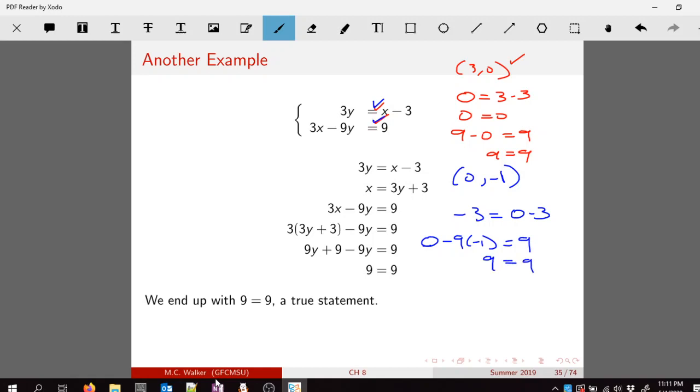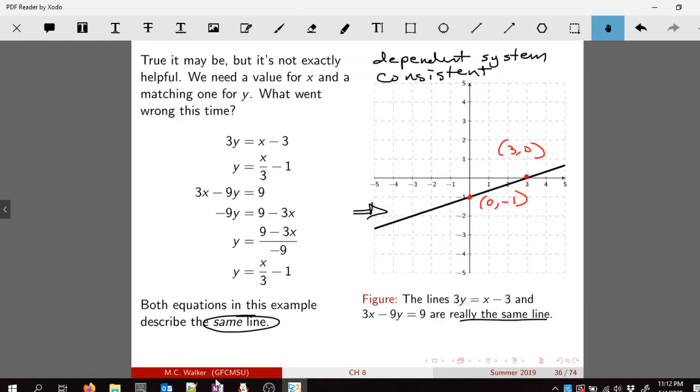Yep, works there too. So this is also a solution. If I've got two solutions, I've got infinite solutions. All my solutions are every single point on this line. Any of them work.